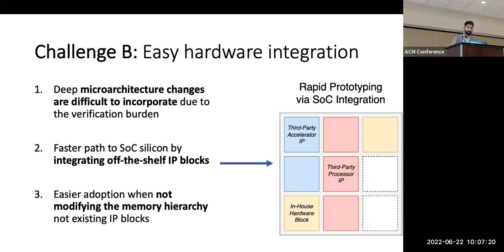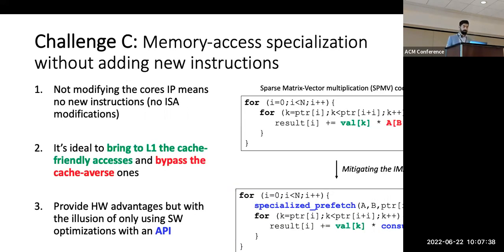And you don't need to take my word, because there was a whole workshop last Saturday about these composable open source IPs. Therefore, it's desirable not to modify these external IP blocks like processor or accelerator cores, nor the cache hierarchy or memory controller. This includes not adding new instructions, nor modifying the ISA.